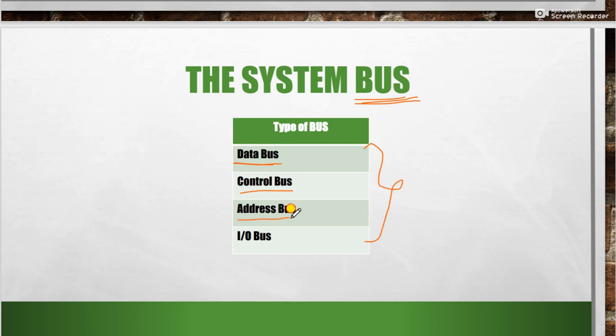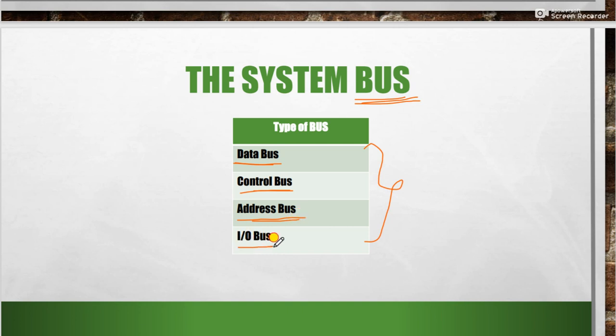Then next we are having the address bus. Again, with the name you can understand that address buses are carrying the address along with them. Suppose we want to store any data in the storage unit, so data will be carried by the data bus, and the address where it is going to be stored will be carried by the address bus. Suppose you want to read some information, so control bus will carry the instruction, that is the read instruction, and address bus will carry the address of the information that we want to read.